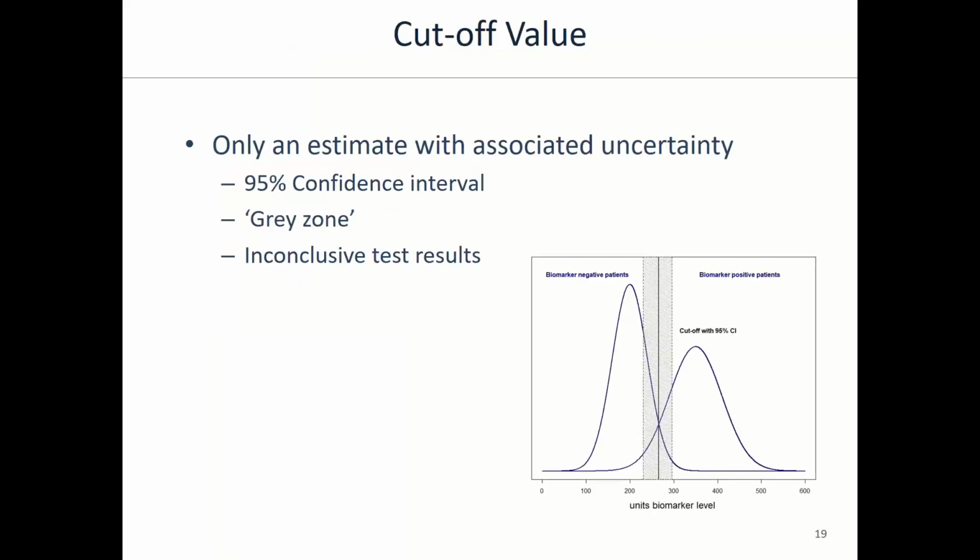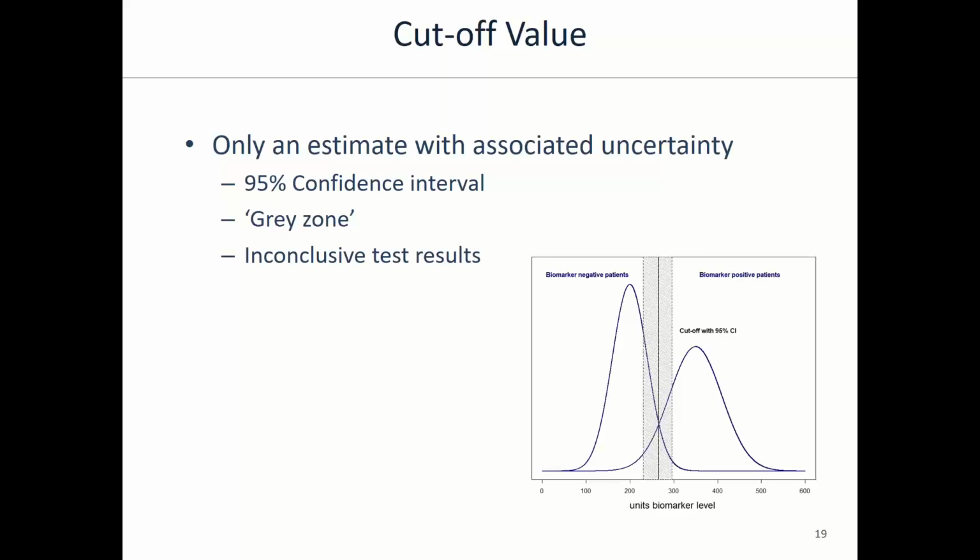Now, we are used to seeing in papers means and standard deviations, and we always know that these are estimated with a certain associated uncertainty, but the same is true for cutoffs, though this is not always described. So when we define a cutoff, we always report it together with its associated uncertainty, just to make sure that the audience understands how precisely the cutoff was estimated.